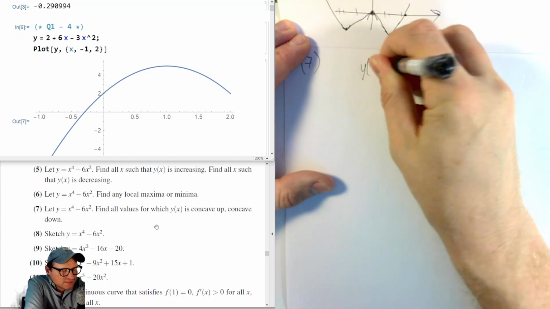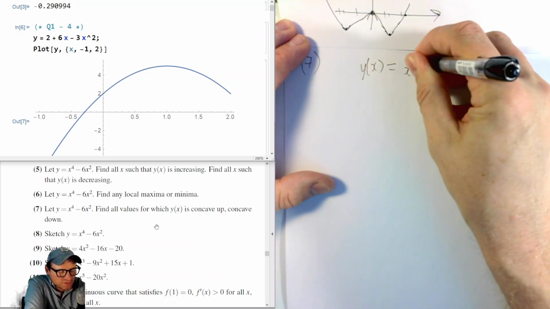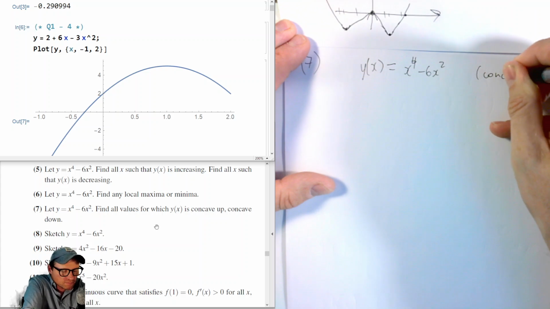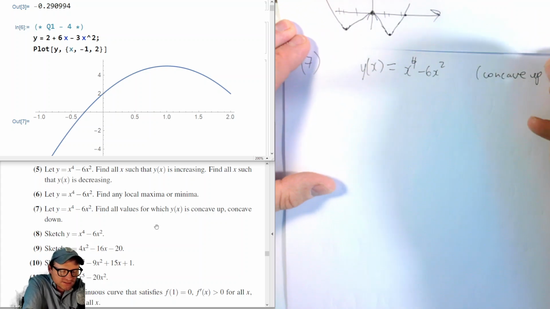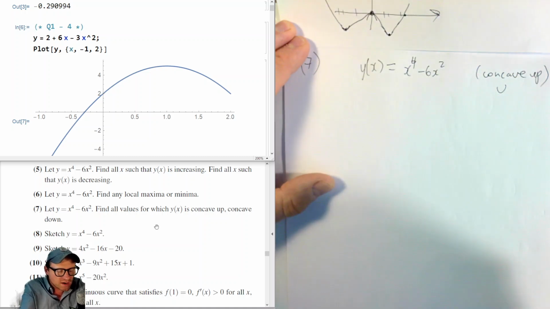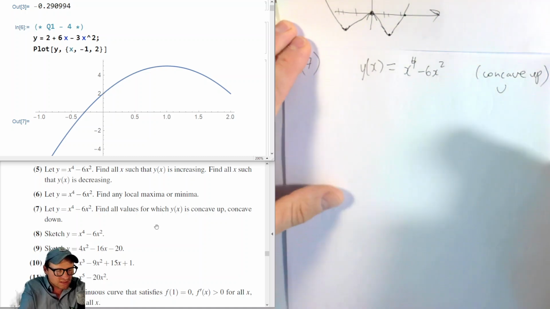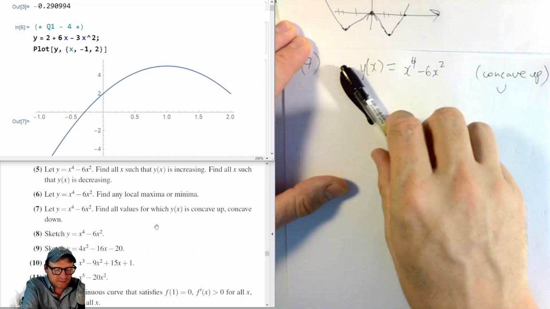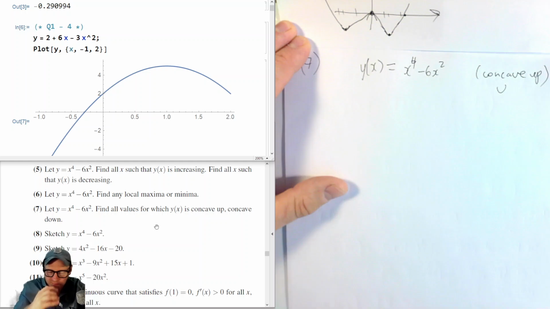So we've got y of x is x to the 4th minus 6x squared, and we're looking for concave up. And so again, I'm going to assume that that looks like this. All right, so where is the second derivative positive so that the slope would be increasing?